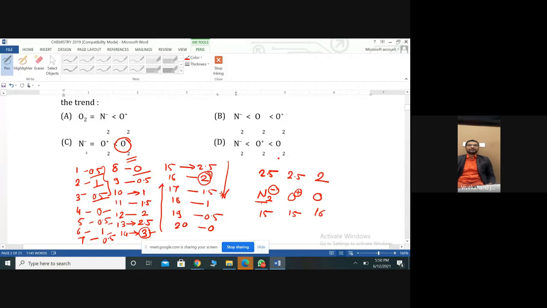So from this, which one will be right? Your N2 minus and your O2 plus. Is it the same? Yes, sir. If these are the same, then only one option is given, option C, where they are giving the same value of bond order.